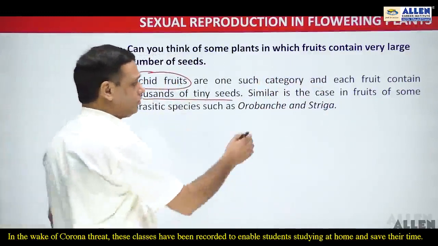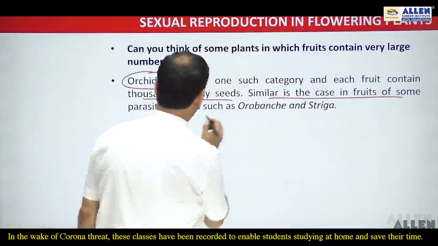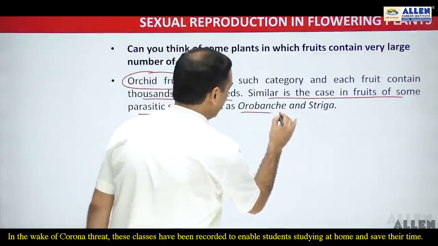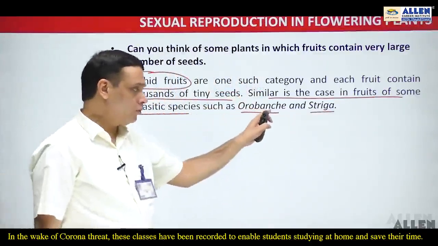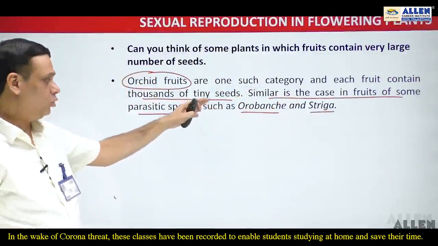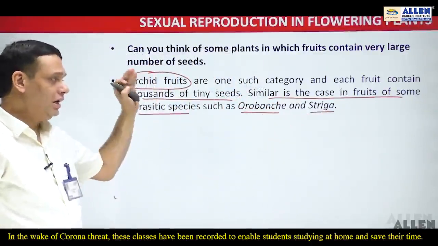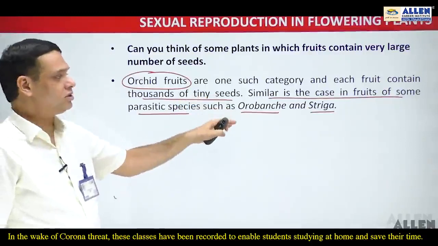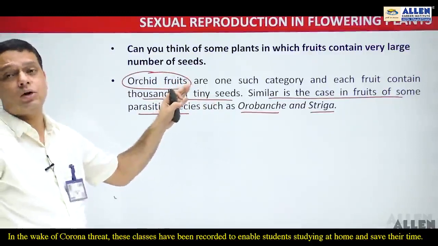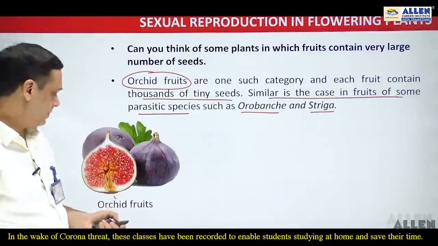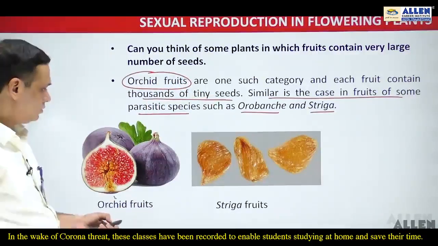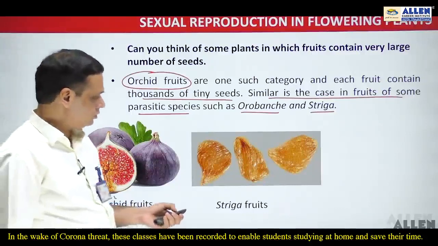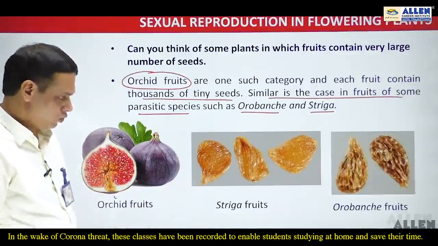Similar is the case of the fruits of some parasitic species such as Orobanche and Striga. In both of these species, the fruits may contain thousands of seeds. This is the diagram of orchid fruits. This is Striga fruits, Orobanche fruits.